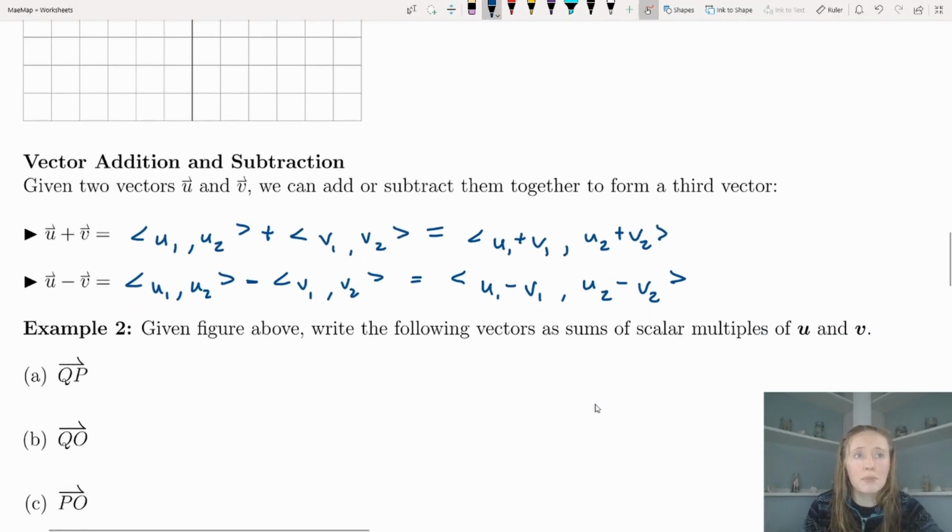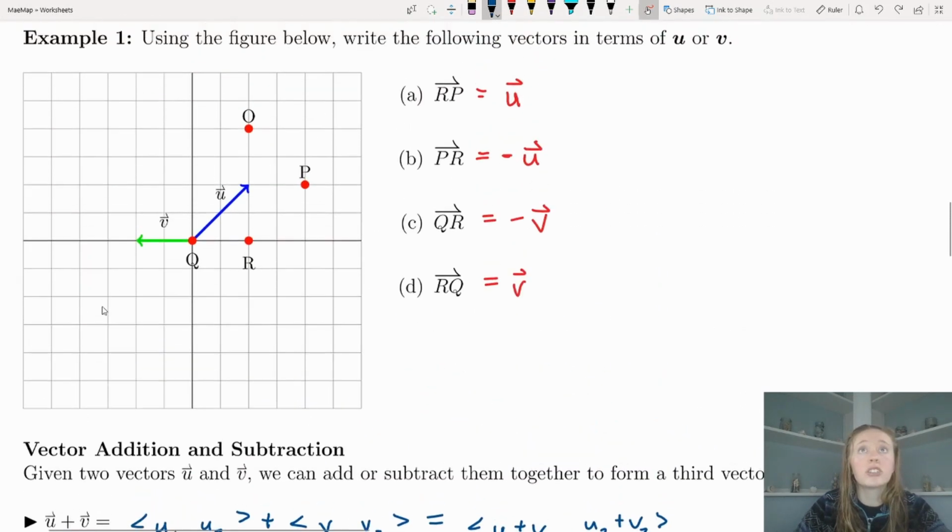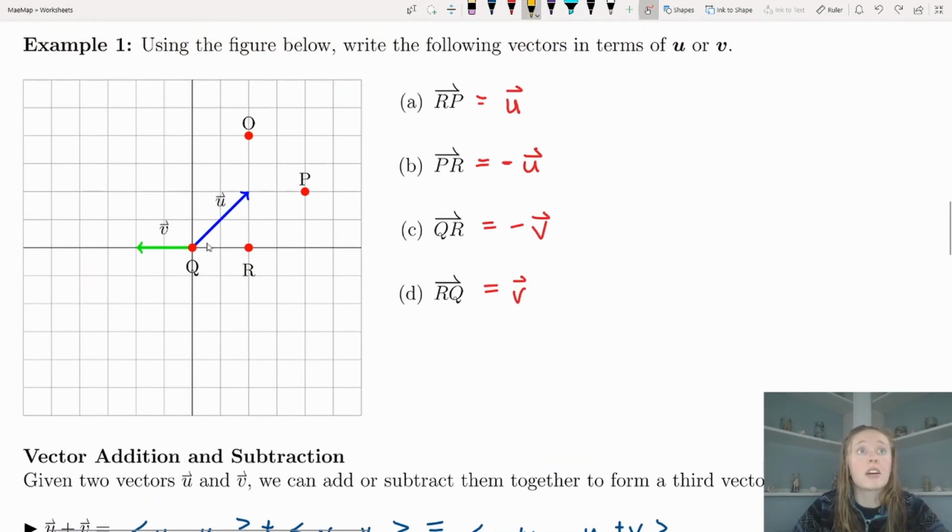Getting into example 2, again, we're going to refer to that figure above, but we're going to write the following vectors as sums of scalar multiples of u and v. So for a, b, and c, we're going to do a little bit of scaling and summing of vectors. Our first one is QP. Let's go back up and draw the vector QP.